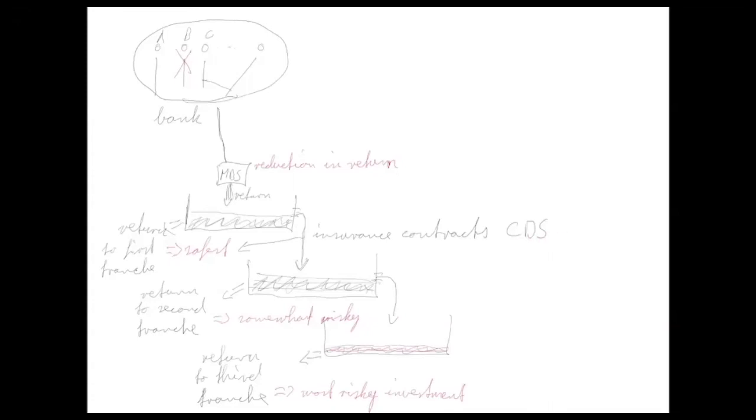And in return, if, let's say, a lot of people were to default on their mortgages and these returns are very tiny and some losses would be made even in the first tranche, which is already quite unlikely, then the CDS counterparty would pay some insurance payments to the first tranche. So in that sense, making that first tranche really extremely safe.